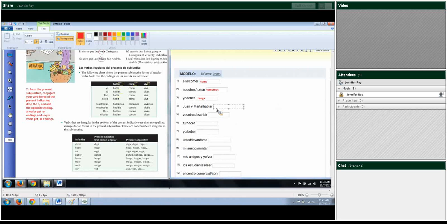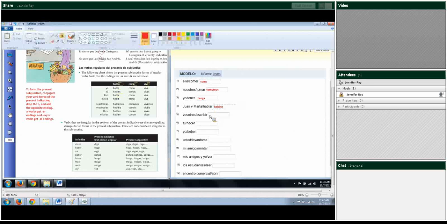Juan y Marta hablar. I'm going to drop my O, and the opposite ending would be the E, so it's going to be Juan y Marta hablen. Notice how in the yo form, in all of these over here, you don't have an O, it's an E, so your first person and your third person singular have the same endings. Escribir.